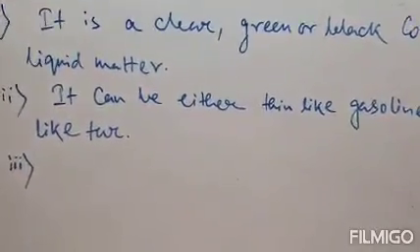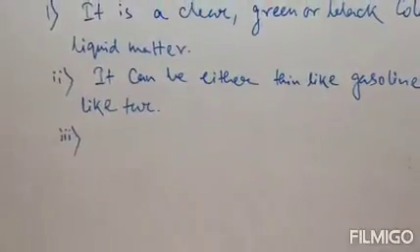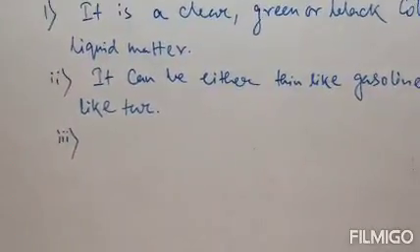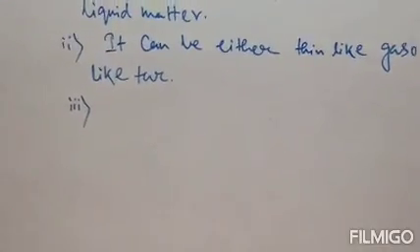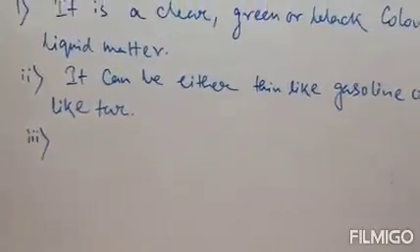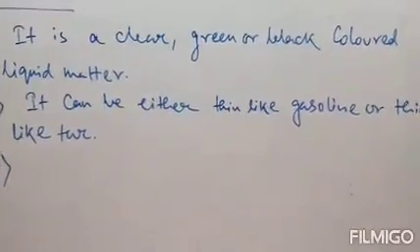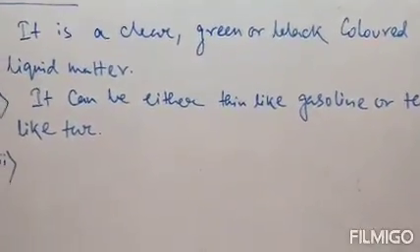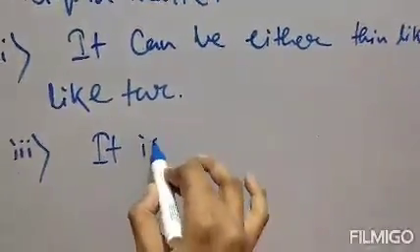Basically there are 4 to 5 main constituents of petroleum. Number 1 is petroleum gas, number 2 lubricating oil, number 3 diesel, number 4 petrol, number 5 paraffin wax. Several other constituents are present in petroleum, but these 5 are the main ones, clear?